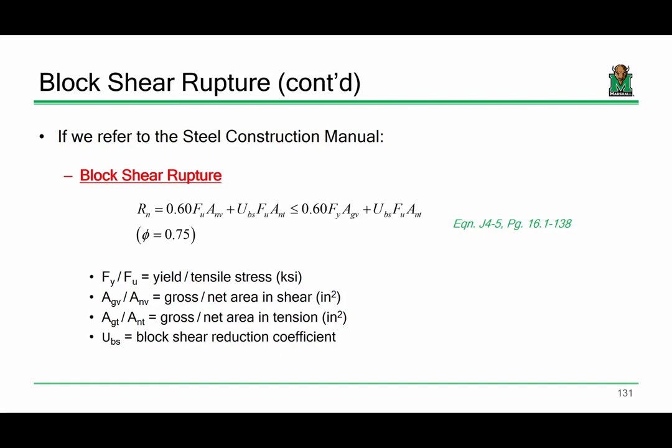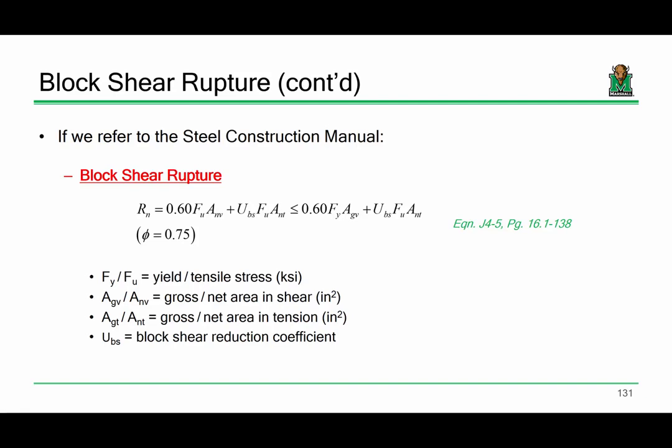let's take the variables and break them down a bit because it's really not that complicated. There's a lot of AGVs and ANTs. The computation's pretty simple and the naming's pretty simple. So for instance, what is AGV? It is the gross area in shear. What is AGT?